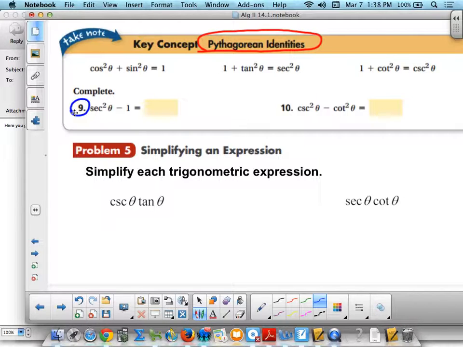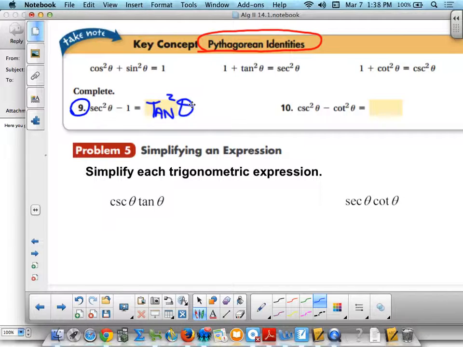Where do you see secant squared? Boom, boom, or boom. Second one? Okay, me too. Tell me what secant squared minus 1 is equal to. Tangent squared. Cole says tangent squared. Cole, how'd you get that? I just kind of flipped them around off the second one.